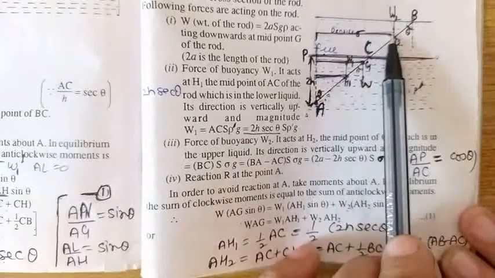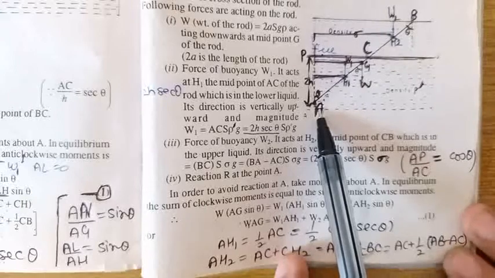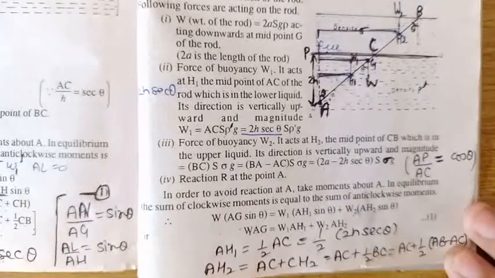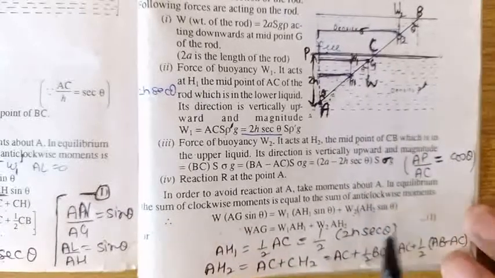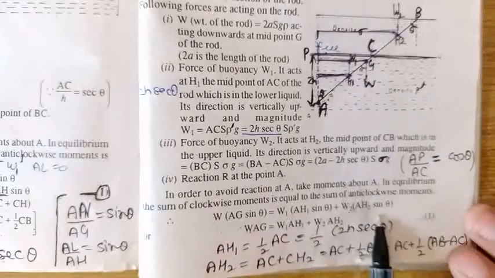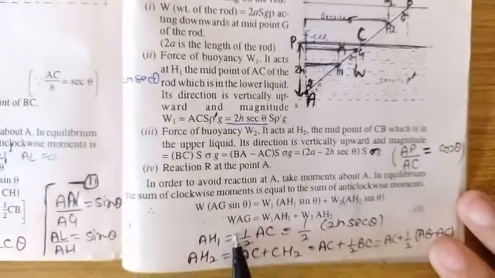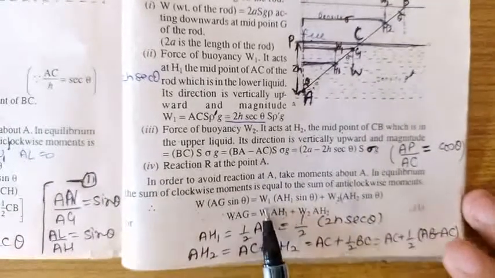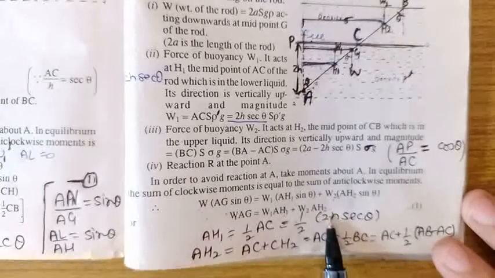In this triangle, perpendicular upon hypotenuse AH2 is equal to sine theta. So the value of this perpendicular distance will be AH2 sine theta. Now from this whole expression, sine theta will be cancelled throughout. So we are left with W into AG is equal to W1 into AH1 plus W2 into AH2.